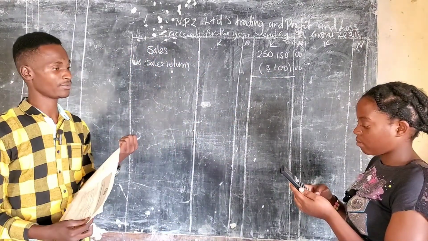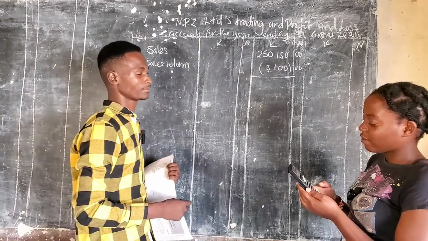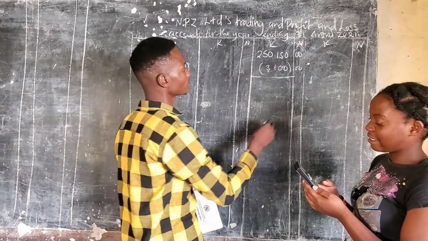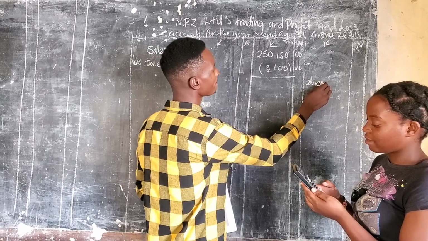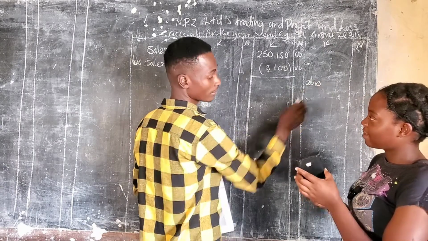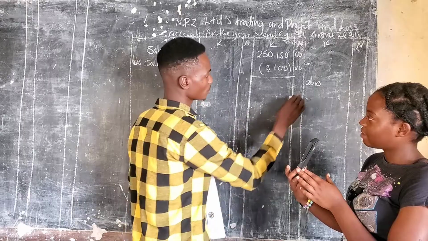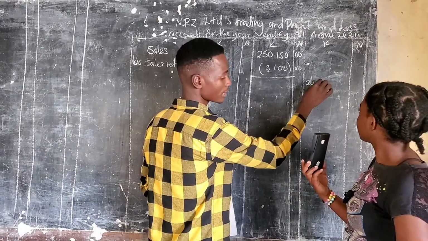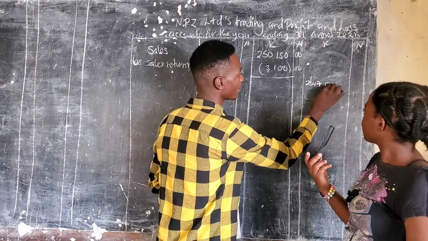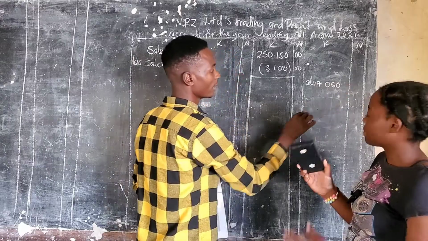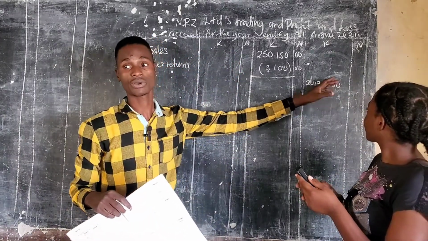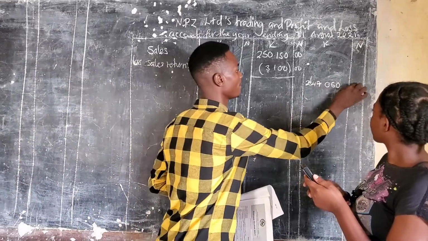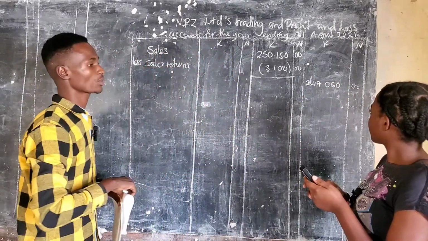What is the difference? 247,050. Is this 24 or 240? 247,050.00 Ngwe. What do you call that figure?